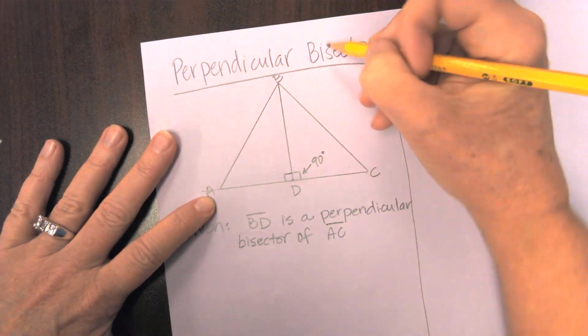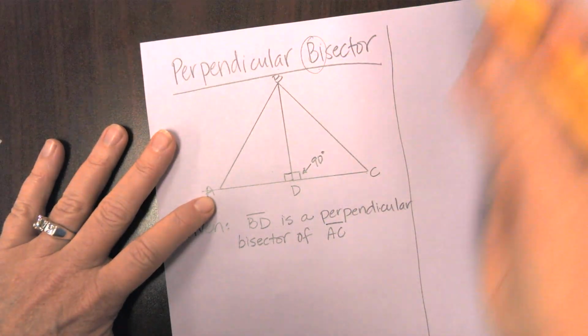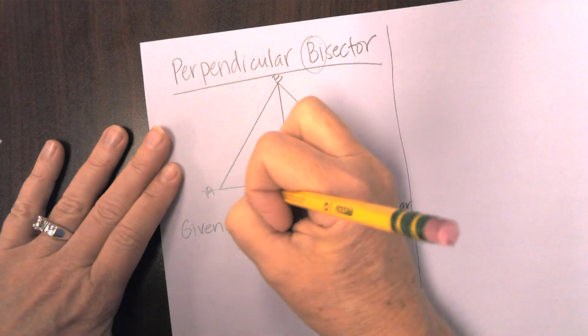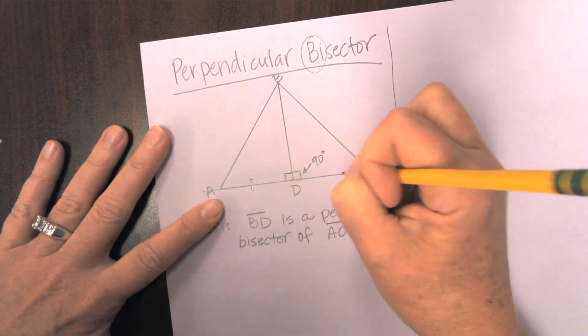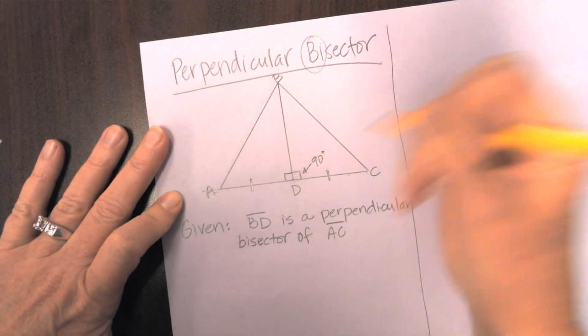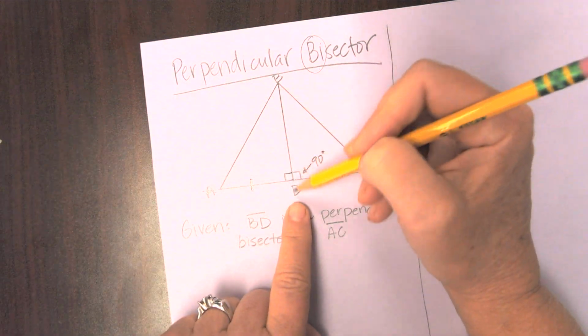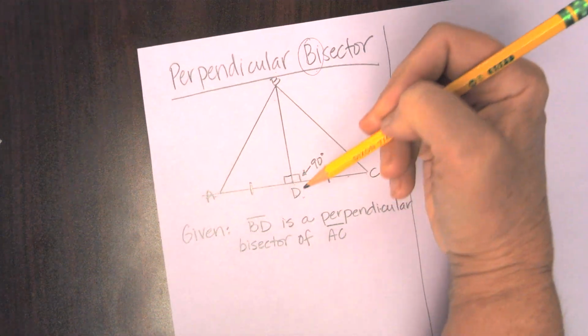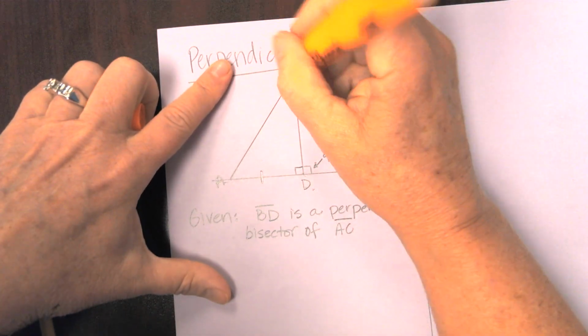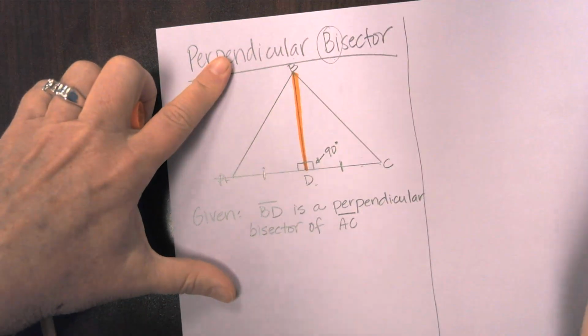Now, bisector: notice that bi means 2. Bisector means it splits AC into 2 equal parts. That means this line segment, AD, is now congruent to DC. Let me highlight it so you can see. BD is our perpendicular bisector.